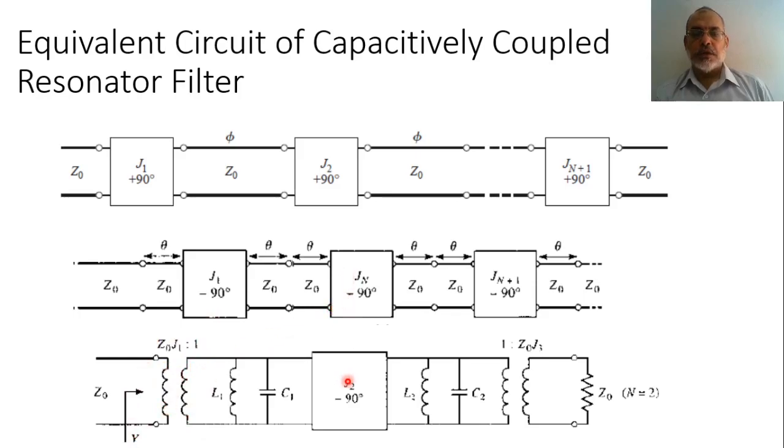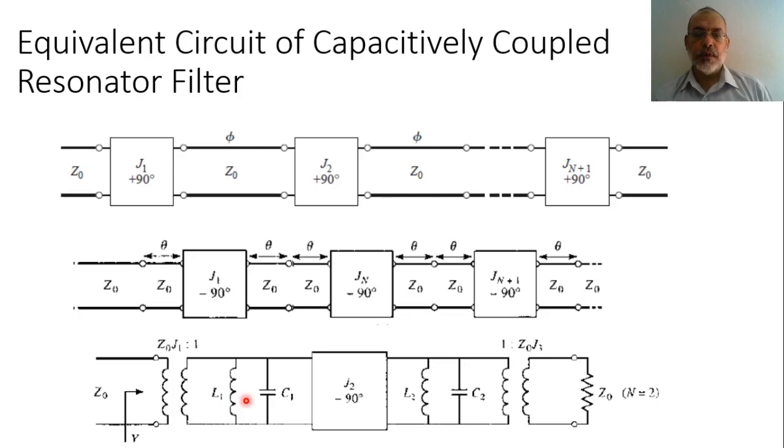Then this is the admittance inverter in between, and the parallel LC circuit corresponding to the transmission line lambda over 2, and the admittance inverter of the last resonator, and this is the load. So this is the equivalent circuit for the case of n equal 2, where we have 3 resonators.